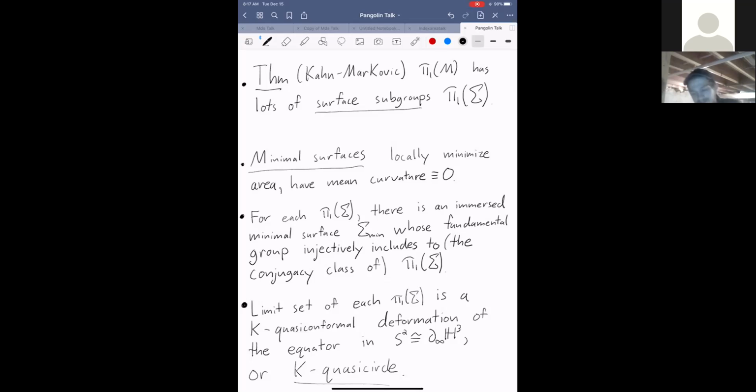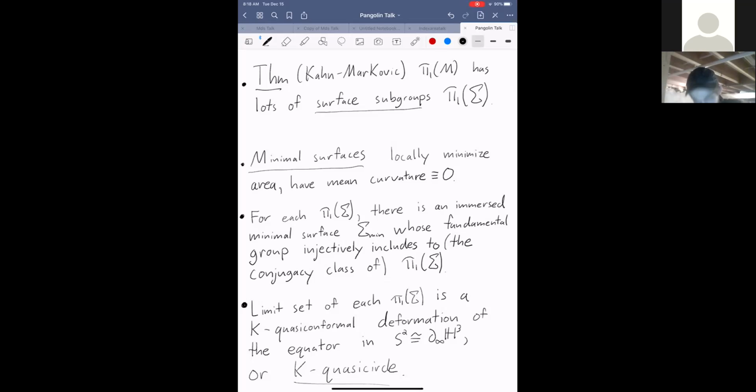It's maybe a general theorem in geometry where you have some algebraic thing, in this case a conjugacy class of surface subgroups, and you can realize it by a semi-canonical geometric object. In this case, this immersed minimal surface that minimizes area.